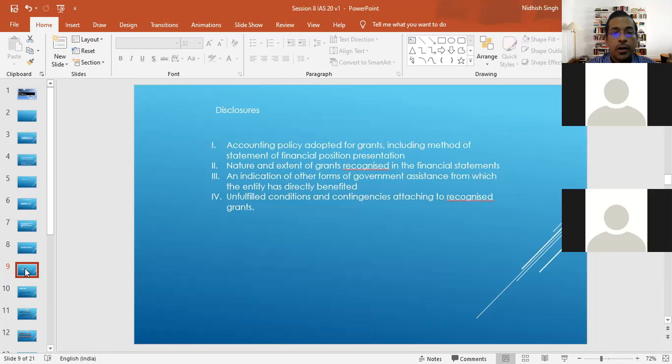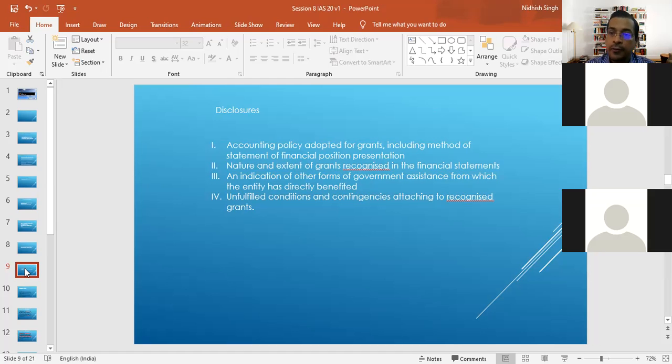Right? Okay, so on the disclosure part, the accounting policy should first reflect how the government grant is going to be reflected in the financial statements. What method are you going to choose? Because we have talked about the methodology. In the balance sheet, you can reflect it as a deferred income, or you can deduct it from the carrying value, or you can choose to reflect it in the income statement.